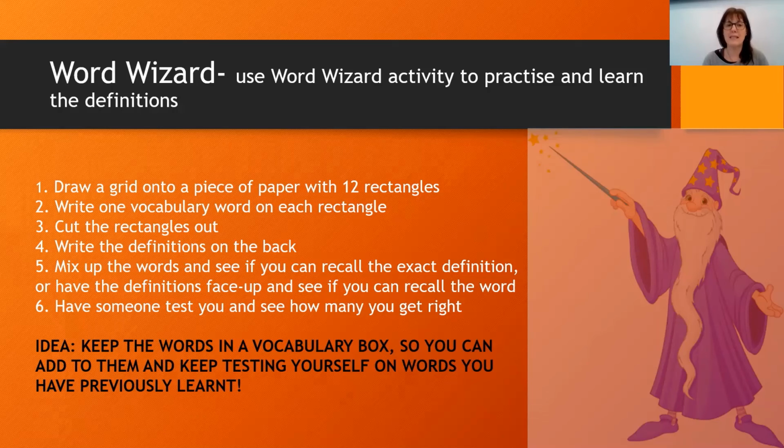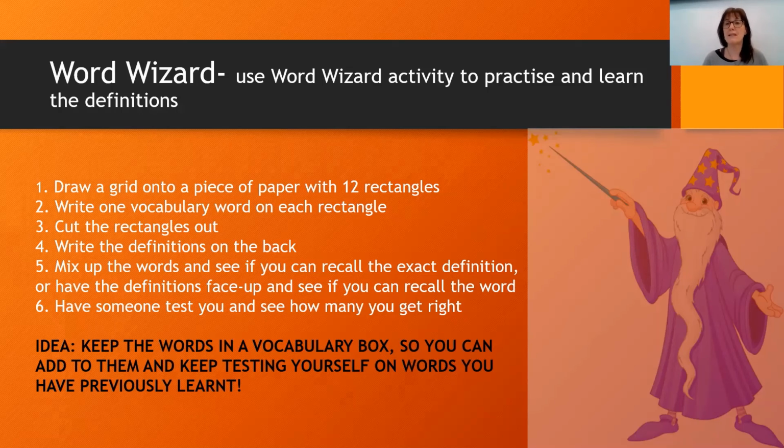It's a good idea to keep these words in a vocabulary box, a safe place, maybe a tin or a little tray or a box, anything that you can keep them in really, maybe even a little bag that you might have at home. Keep taking them out and testing yourself and seeing if you can get the words right and the definitions right for those words that you've learnt.